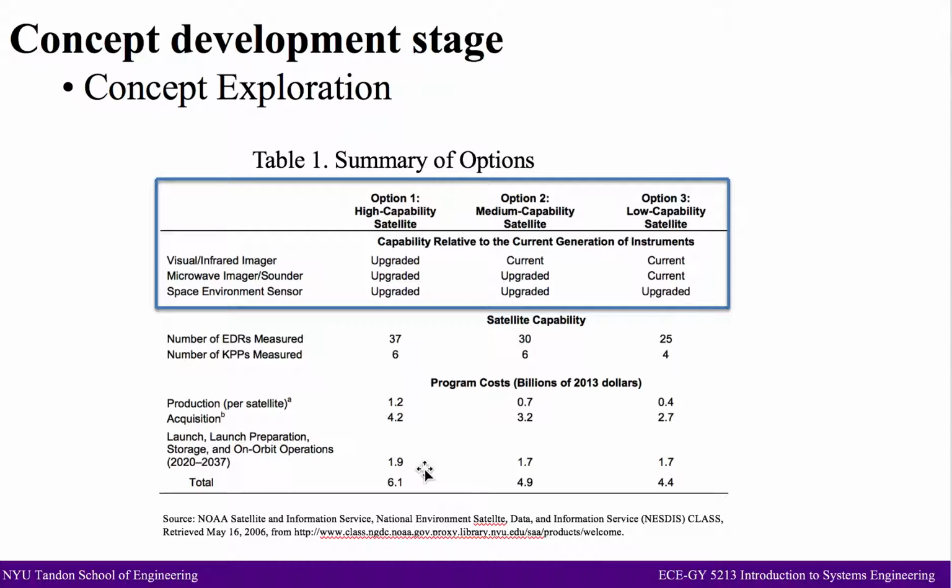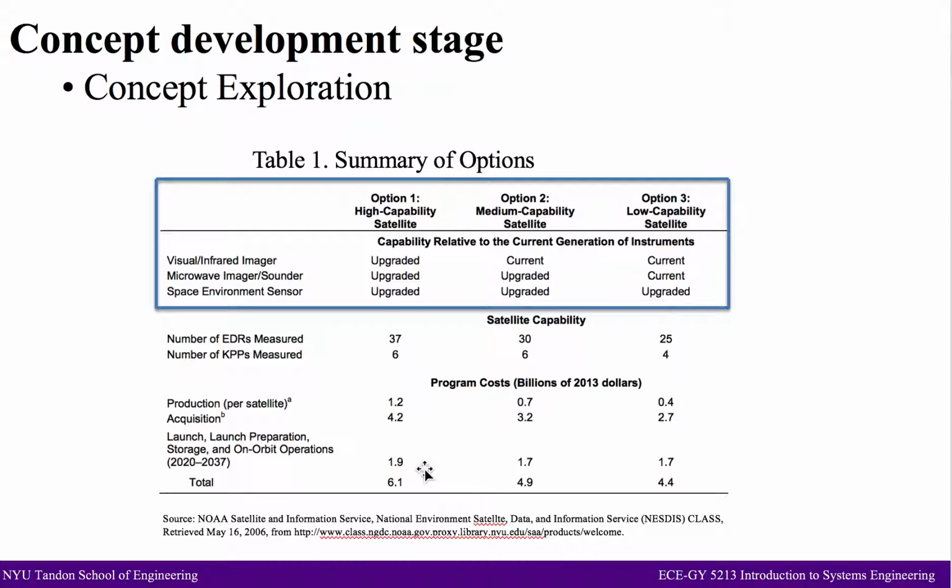If the cost for launch support, satellite storage, and on-orbit operations through 2037 are included, the total program cost for the first option would be about $6.1 billion.